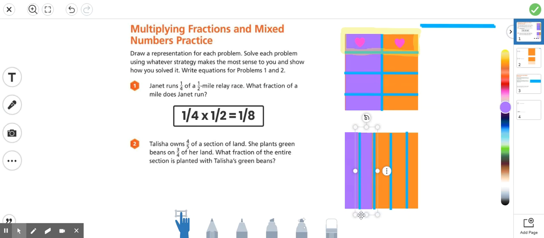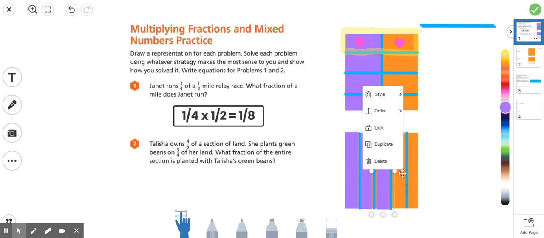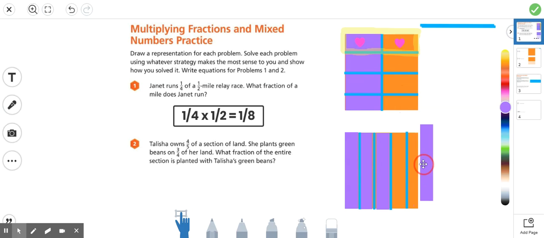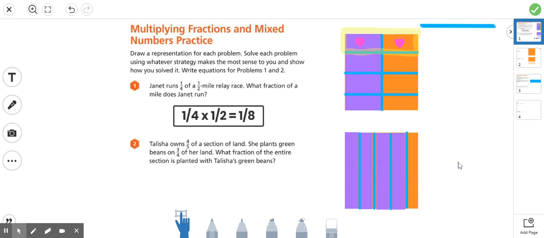We do want it to be nice and neat, but I don't want anyone feeling super stressed out about it. We're filling this in the best way we can. So there is 4/5. That's how much land she owns.